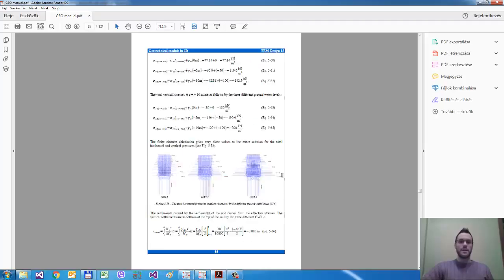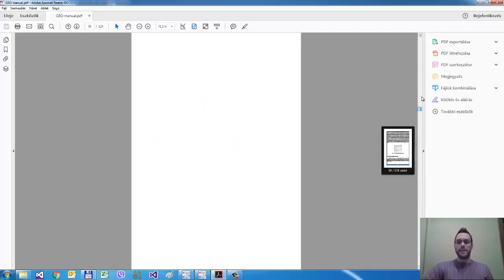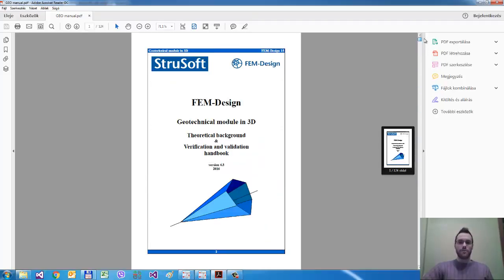So you can find here the detailed theoretical background of the new 3D soil calculation and lots of verification and validation examples. And I repeat myself, you can download the FEM-Design files next to this documentation from our download page.